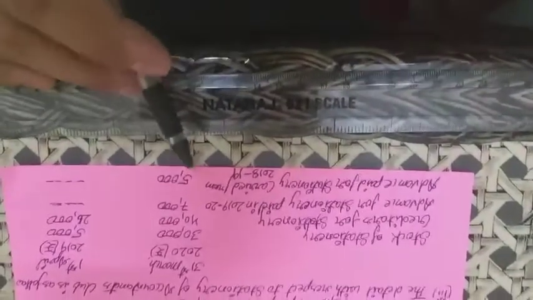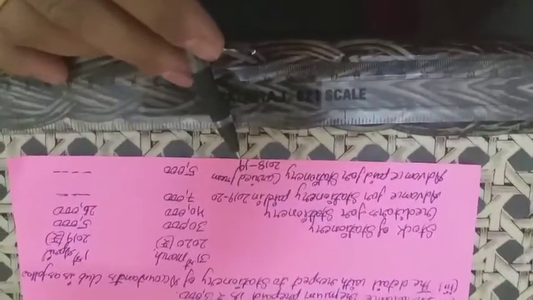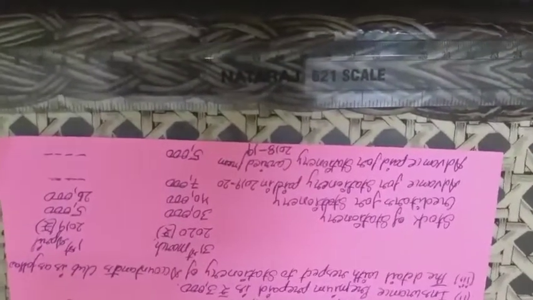Next one, advance paid for stationery carried from 2018-19. It means we paid this advance last year, which we have now carried into the current year. This advance is related to the current year, so that's why we will add it.